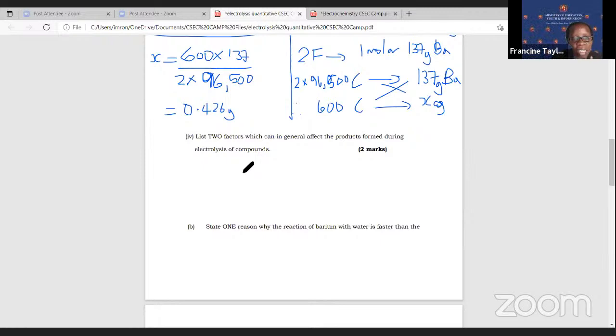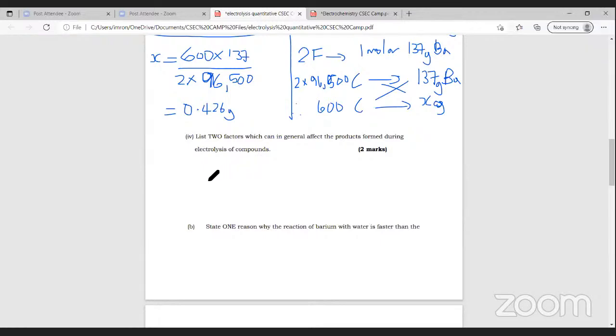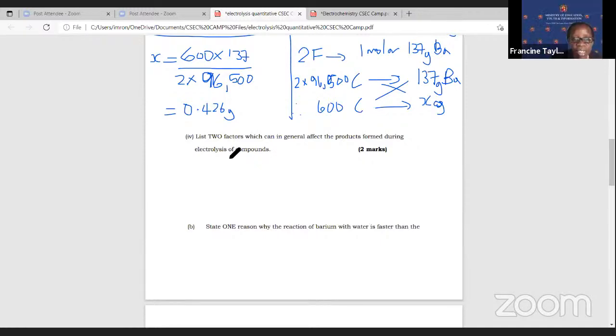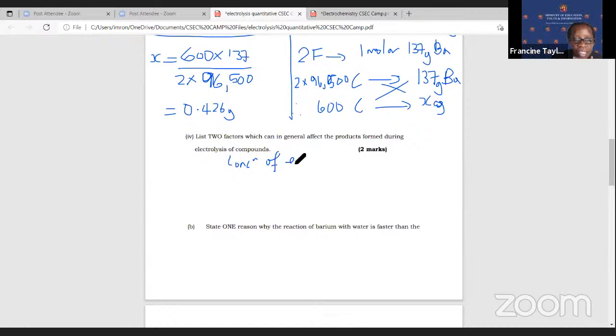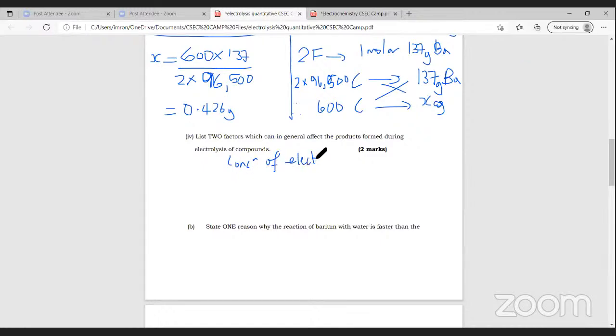In the chat, there is type of anode, concentration of electrolyte. Concentration of the electrolyte, nature of the anode. Yes, that's correct.